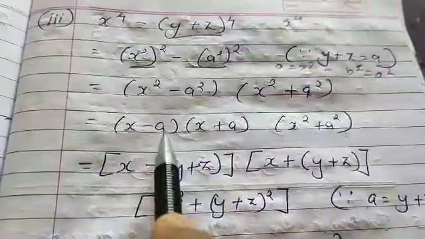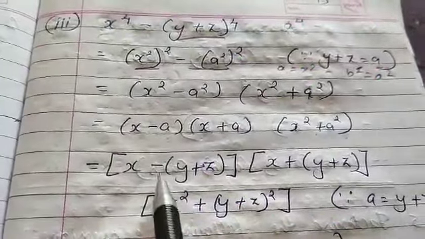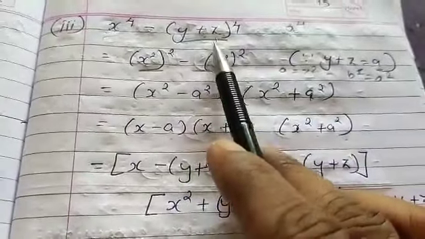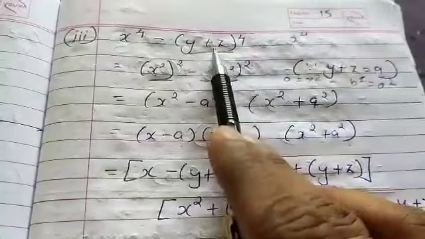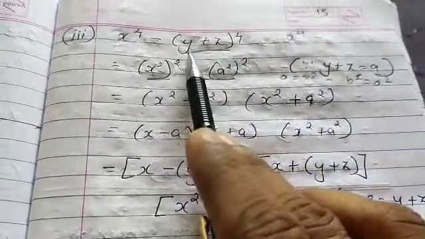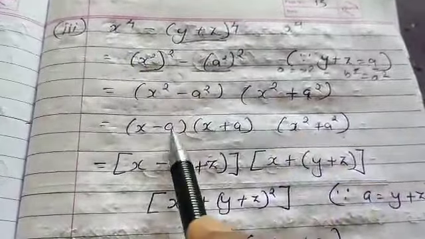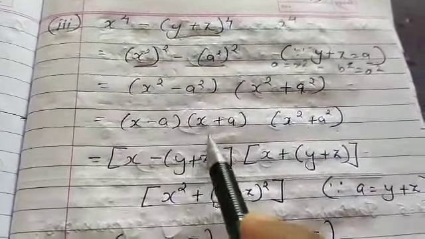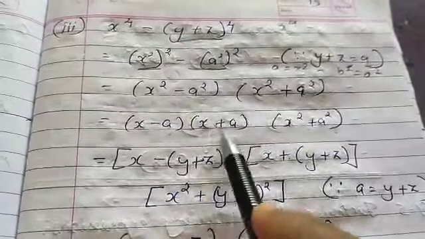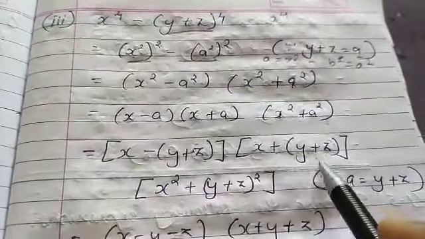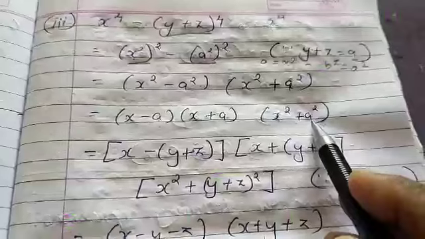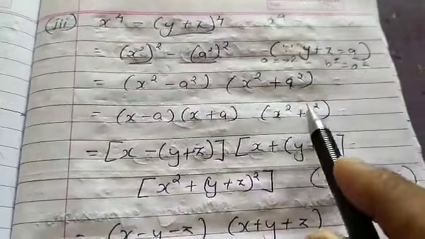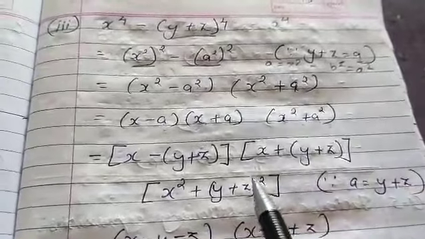Here the value of a is negative, so put a negative sign outside the bracket and put the value that we previously substituted, y plus z in place of a. Then x plus, here plus sign, then in place of a put y plus z, and x square, write down x square as it is. Then here it is a square, so in place of a you have to put y plus z, and here a is in square form, so put the square sign.